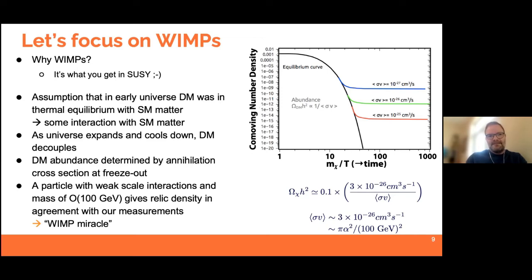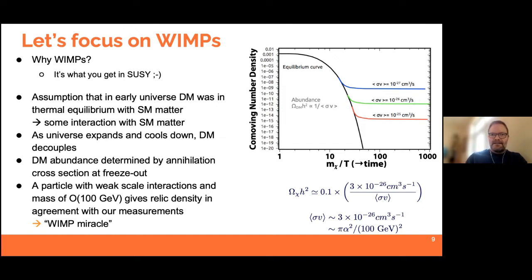The nice feature about WIMPs is that if you have a particle at the electroweak scale, so of order 100 GeV mass, and if it has an interaction strength similar to that of the weak force, you get the right observed relic dark matter density. You may think this is quite a good argument, because we know that other particles at the electroweak scale with such interaction strength exist. So why shouldn't there be another one that we just haven't found so far?